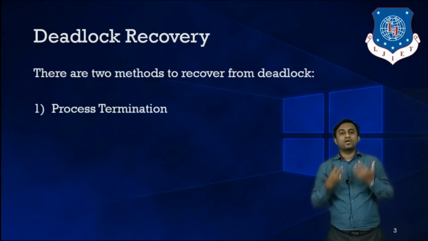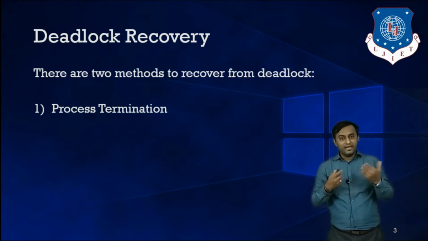And if you want to recover from that situation, the first approach is: can we terminate the processes? Yes, it is possible, because if any of the processes is terminated, there are chances of recovery as far as deadlock is concerned. So how can we do it?